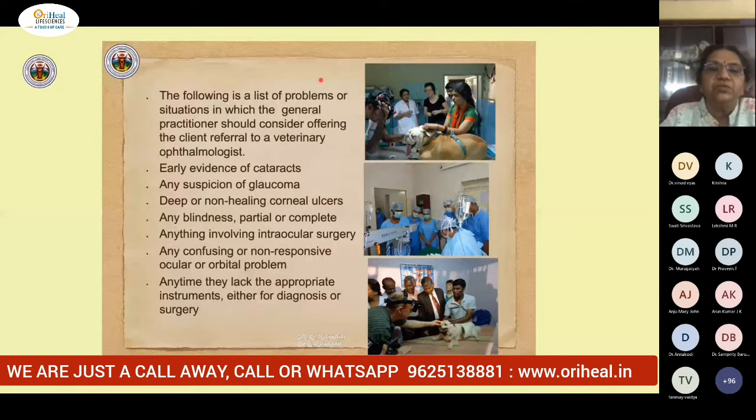The following is the list of problems or situations which the general practitioner should consider while referring the case to the ophthalmologist. Early evidence of cataracts: it is a technically highly demanding surgery, and phacoemulsification needs a high learning curve. Also any suspicion of glaucoma, deep or non-healing corneal ulcers, and blindness, partial or complete, because it is an alarming thing for the owner also.